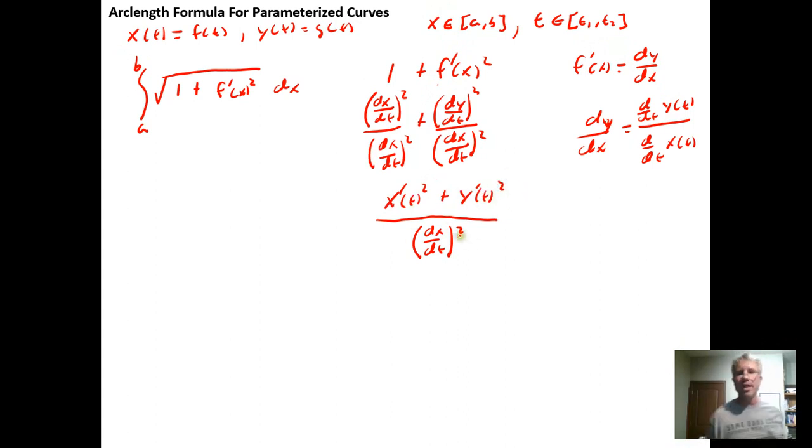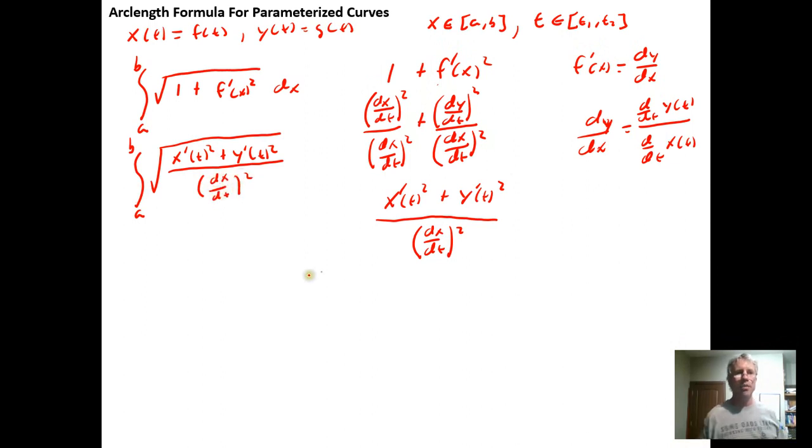Let's take this now and put it under our radical sign. So we're working on the interval from a to b of the square root of x prime of t squared plus y prime of t squared, all over dx/dt squared, times dx.